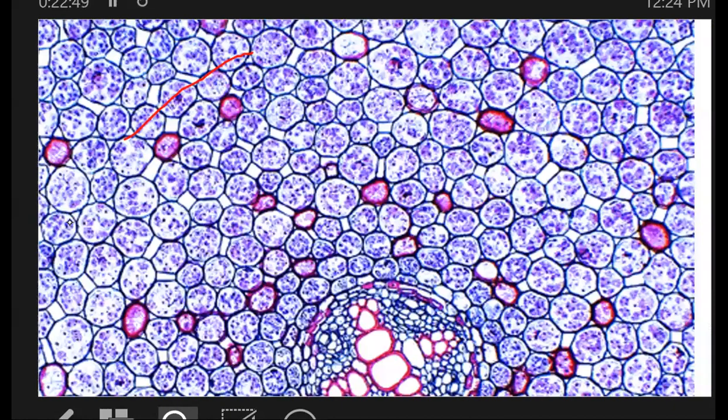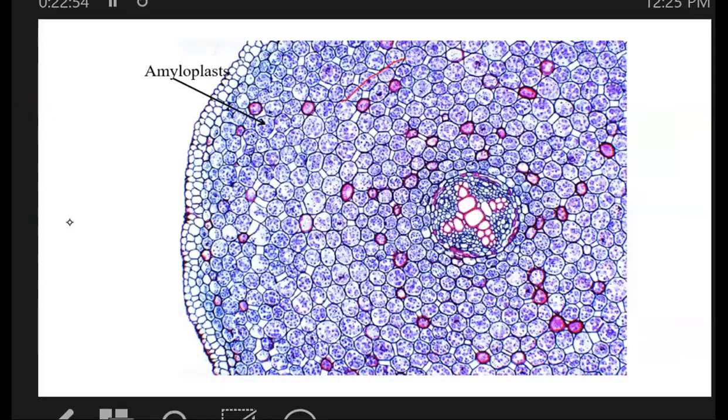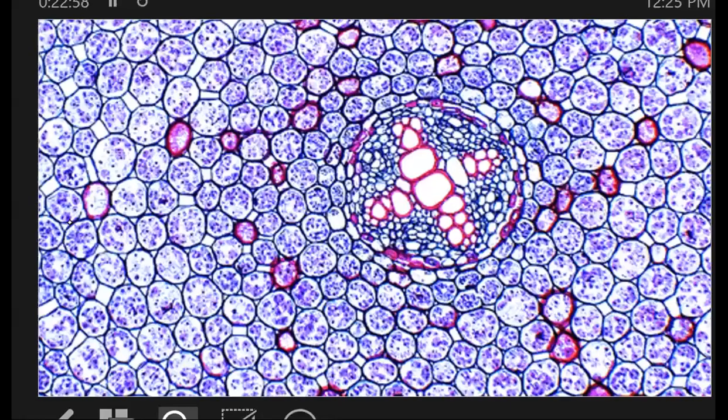Yeah, it does look that way. The endodermis, by the way, is that ring of cells around the vascular tissue. Really hard to see. You just have to kind of squint and look closely.